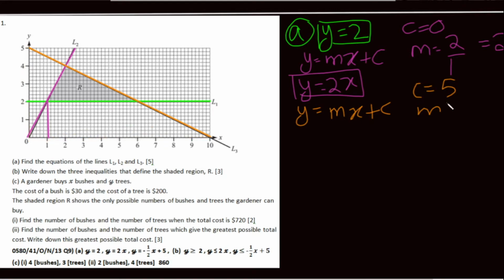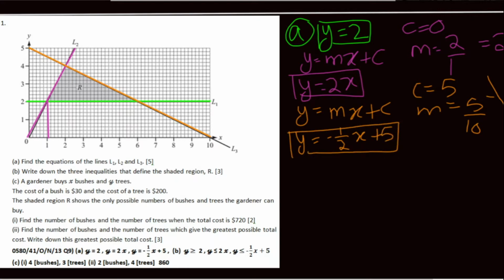So 5 over 10, and since it's a falling line, the slope will be negative. So y equals negative half x plus 5. This is the equation of the third line.